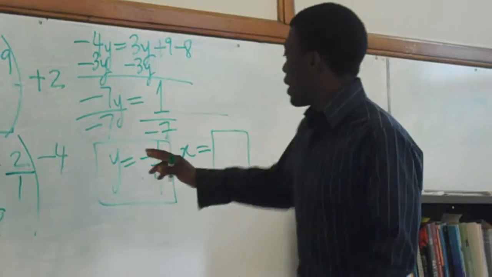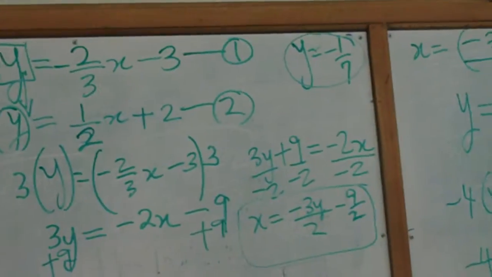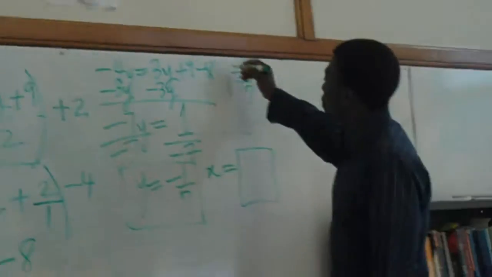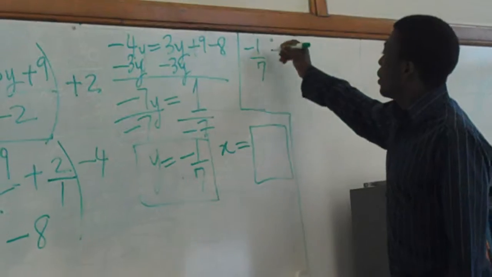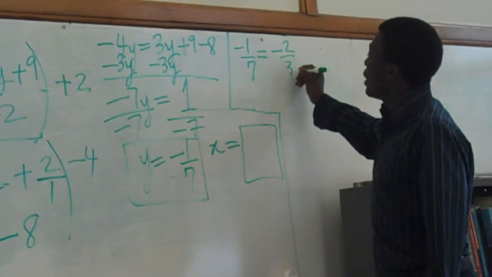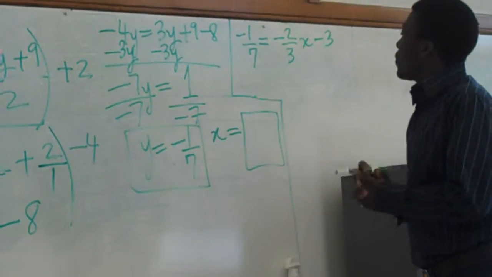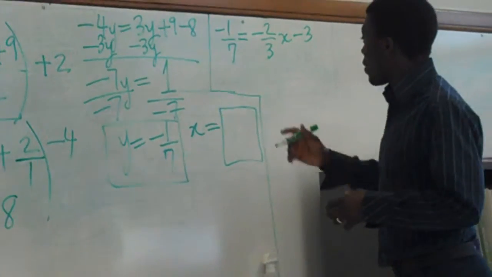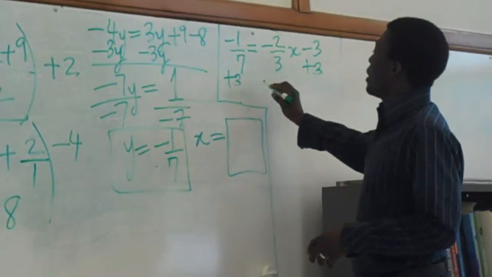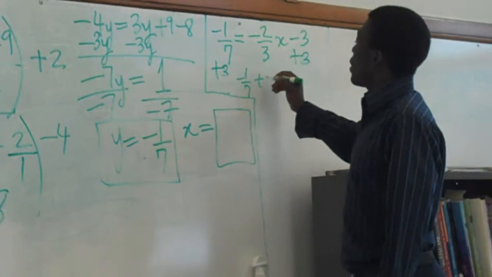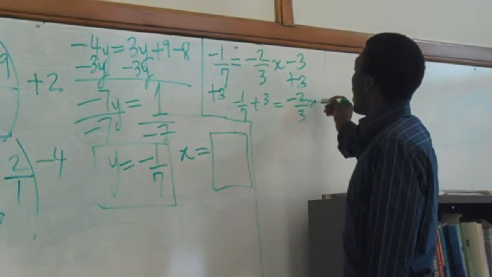Just to finish up, let's take minus 1 over 7 and plug it into the first equation. So y is minus 1 over 7, and it's equal to minus 2 over 3x minus 3. We want to bring like terms together, so we add 3 to both sides. So we get minus 1 over 7 plus 3 is equal to minus 2 over 3x.